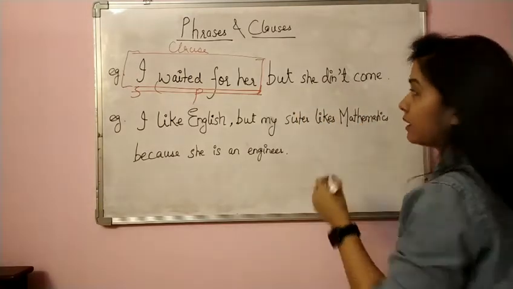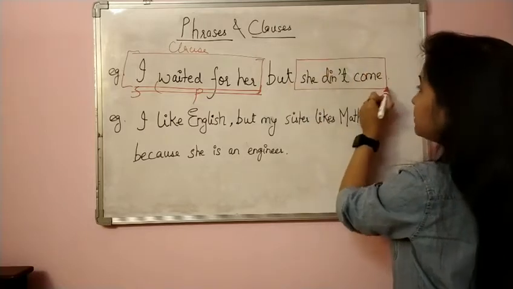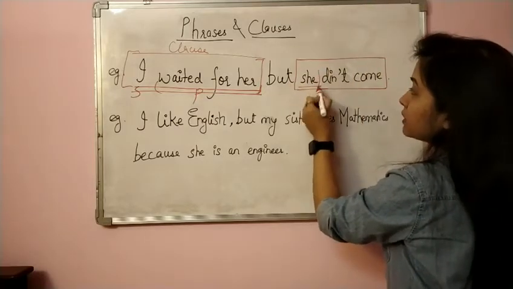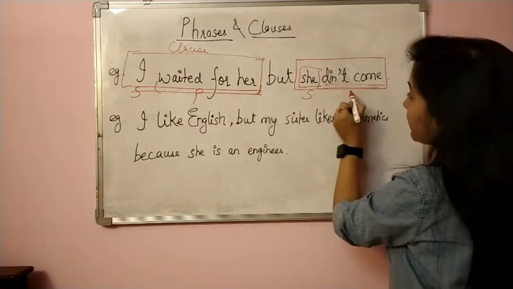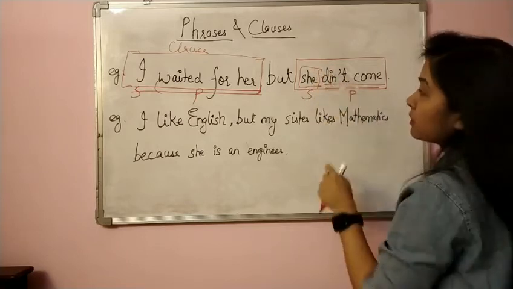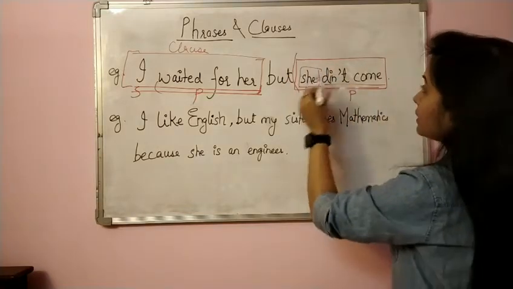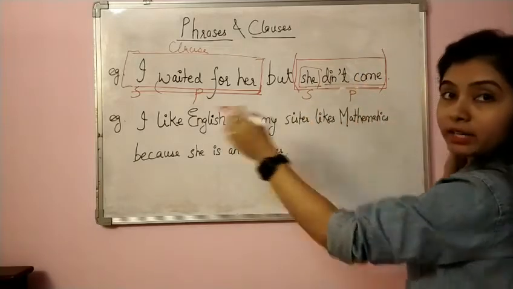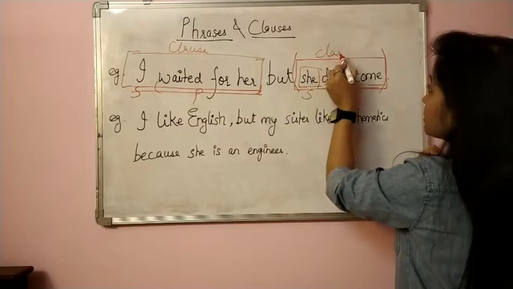And she didn't come. वो नहीं आई. This also has one complete meaning where she becomes the subject and didn't come becomes the predicate, as didn't come is telling about what she did. So this is another complete sentence, so this becomes a clause.